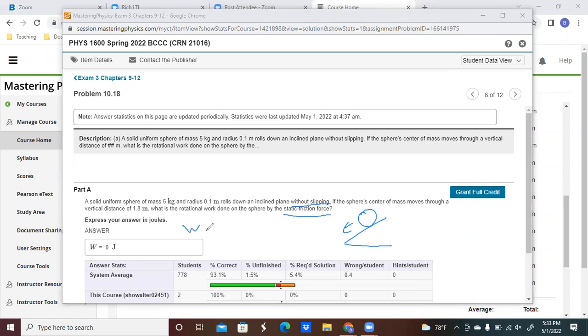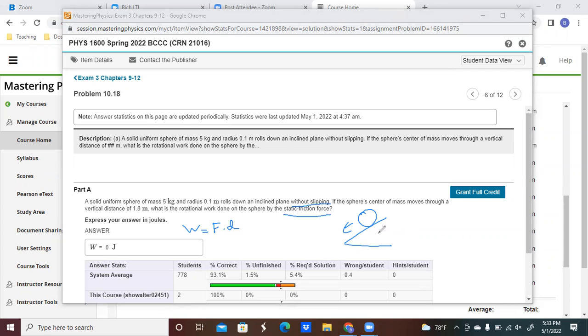Now remember, work is equal to force times distance. This contact point on the sphere is never the same point as it rolls along. So you never have a case in which the sphere is just scooting along. If it were scooting along, we would actually have a force being applied by the static friction.